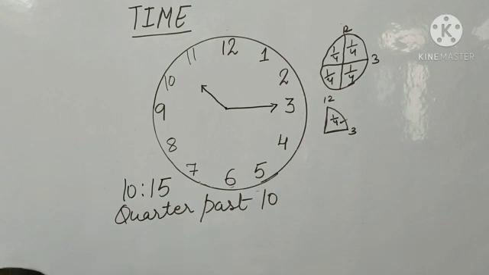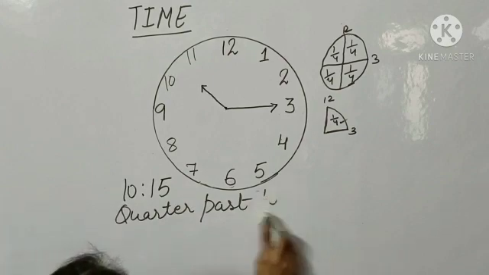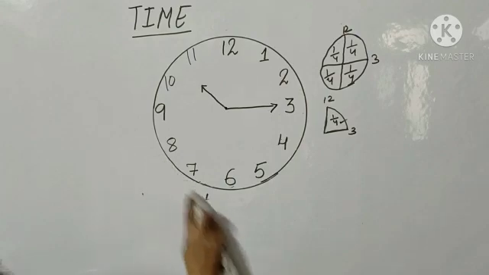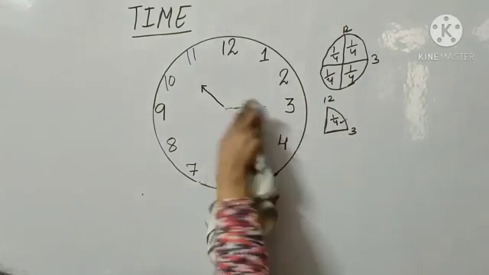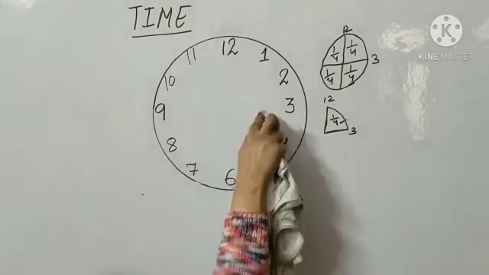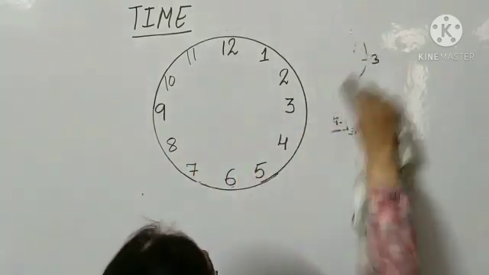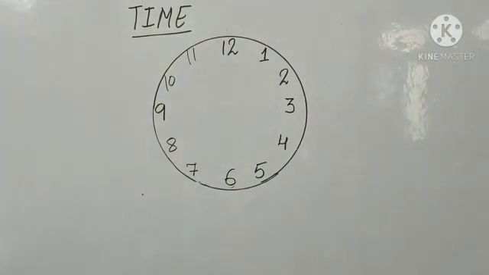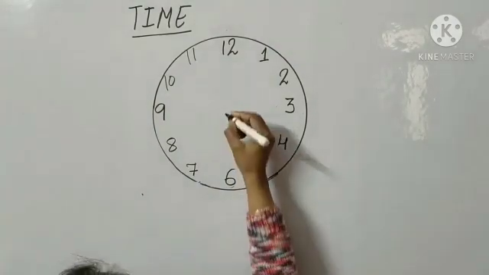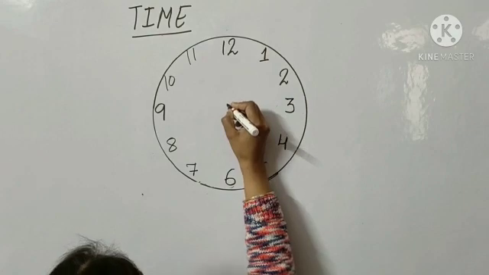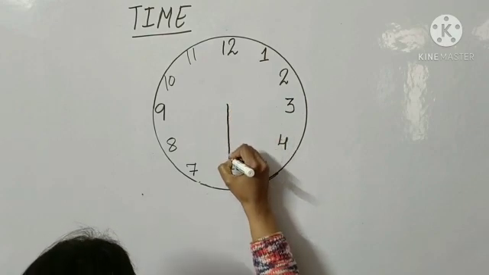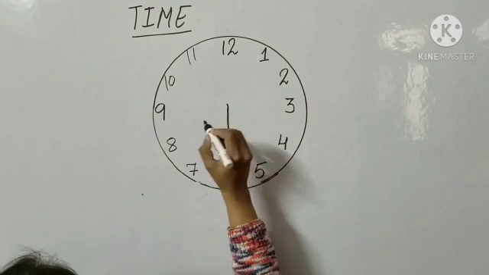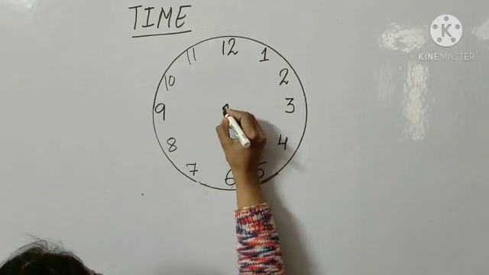Now listen beta. Now suppose the minute hand is at 6, and our hour hand is here.